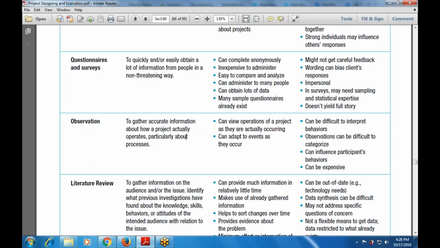Then, observation can also influence the participant behaviors. Sorry, one point is missing: it can influence the participant behavior.